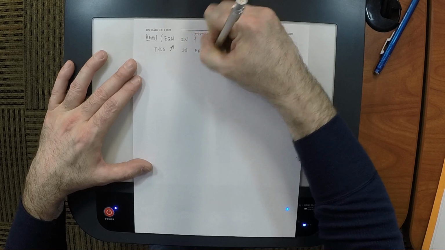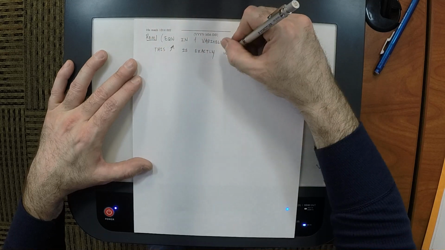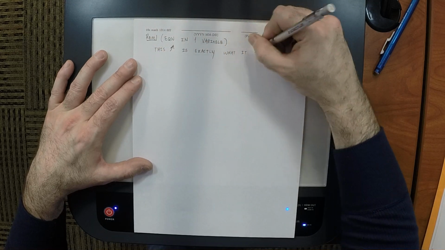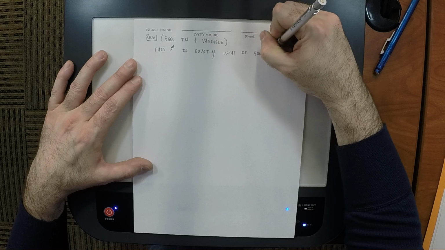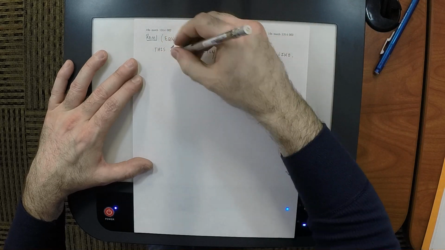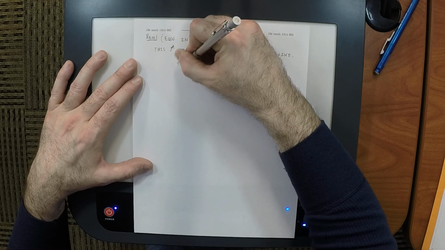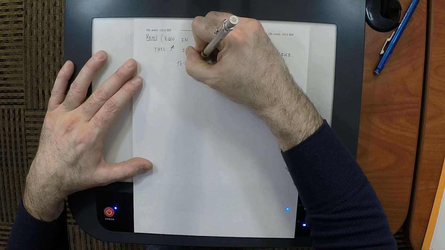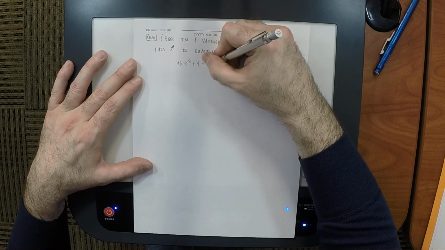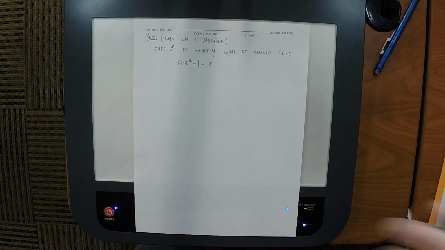I'll just do it by example rather than trying to make a legal definition here. So some examples I could write. How about 13x squared plus 1 is x. So in the first place, is this an equation?